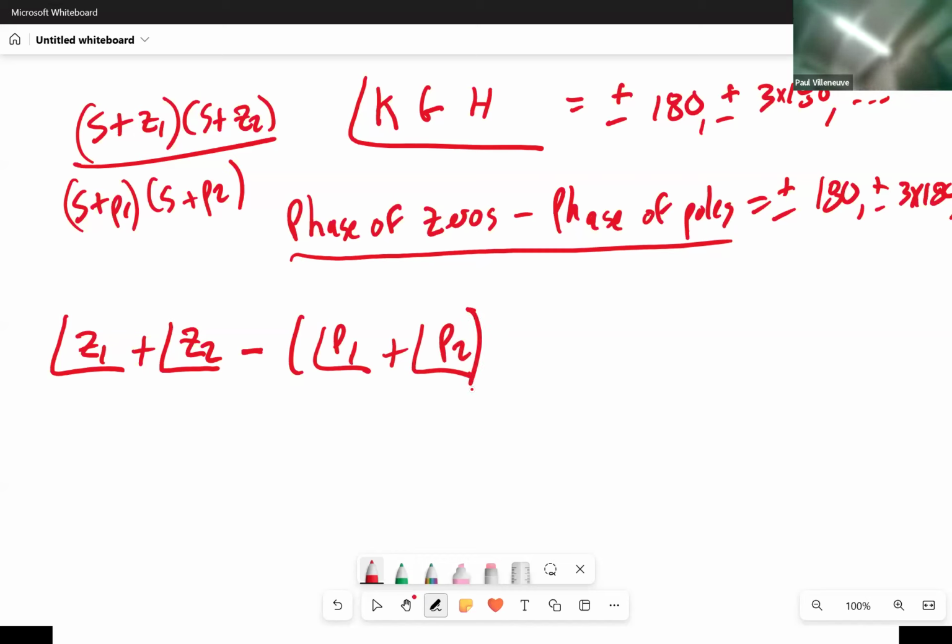It's just complex math. We're just dividing complex numbers, or multiplying them, which means we need to add or subtract.